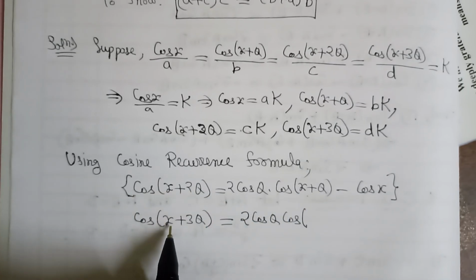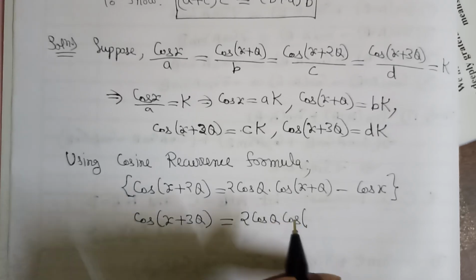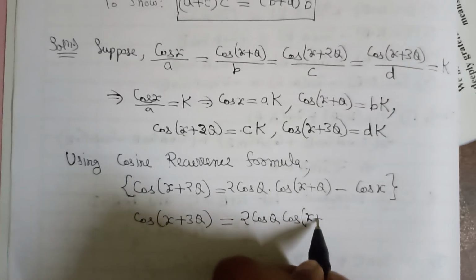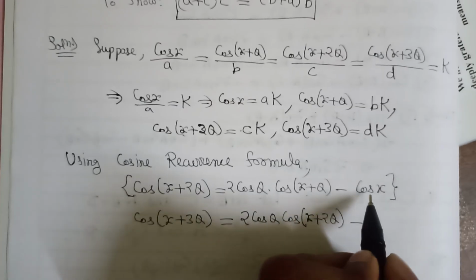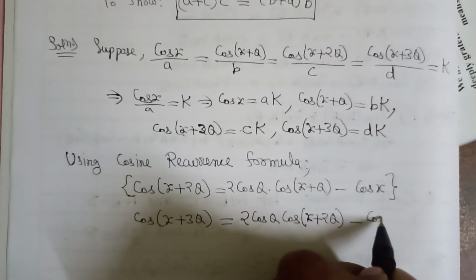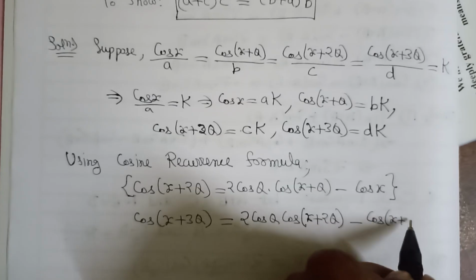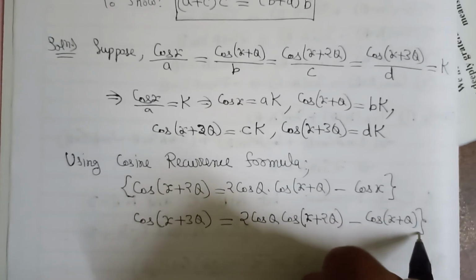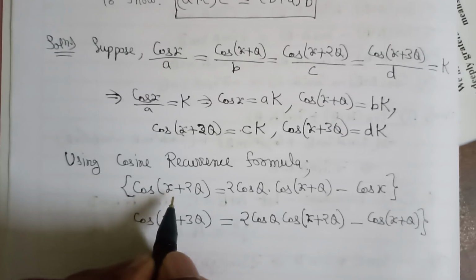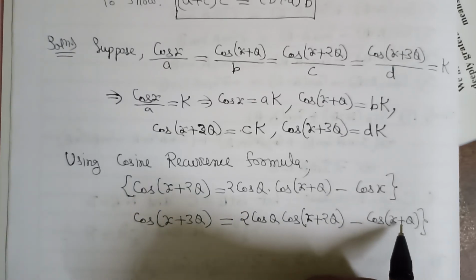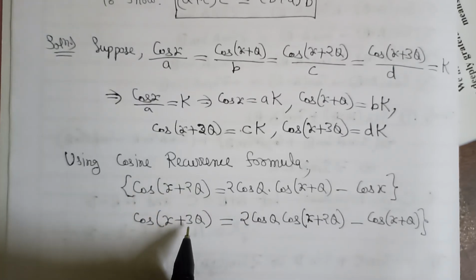Now you are replacing by x plus 3 theta, so this whole value will be x plus 2 theta minus, and this whole value will be cos (x plus theta). So actually you are applying same formula, but at the place of theta you are writing x plus theta. That's why you are getting x plus 3 theta.